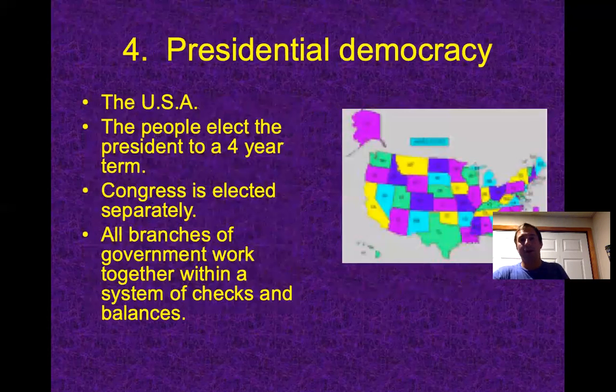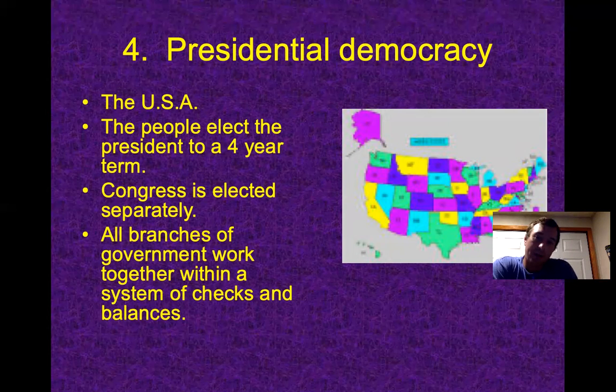All right, presidential democracy, what the United States has. So the difference between a parliamentary democracy and a presidential democracy is that the president's actually voted on by the people. In a parliamentary democracy, the president is voted on by parliament.